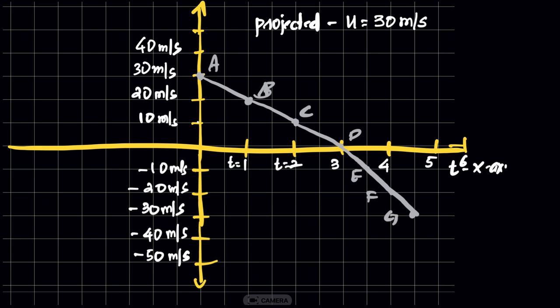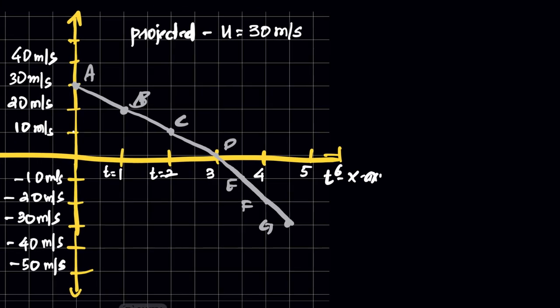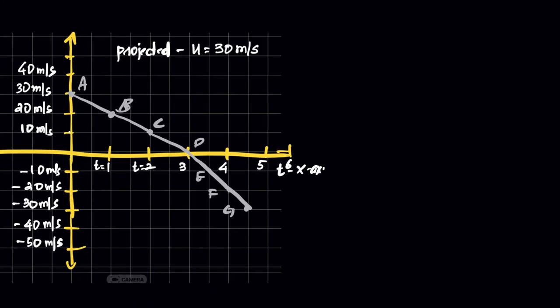Okay. So if we start analyzing the data, what do we have? At A, at time t is equal to 0, the corresponding velocity is 30 meter per second, because the coordinate of A is 0 comma 30.